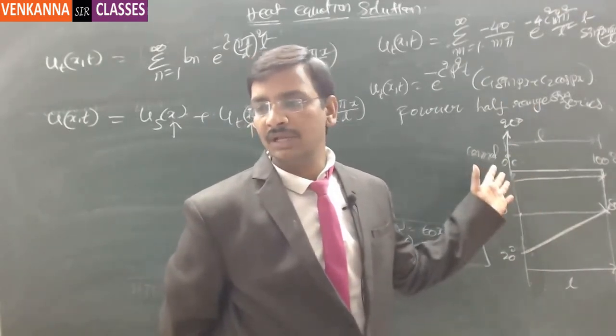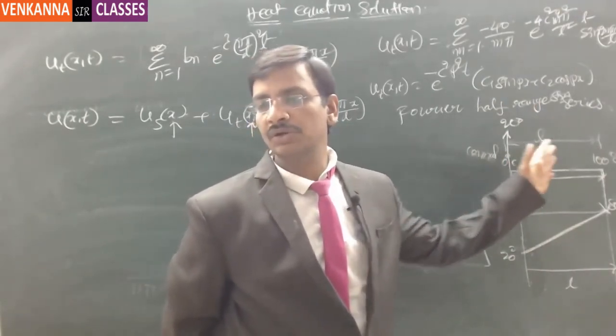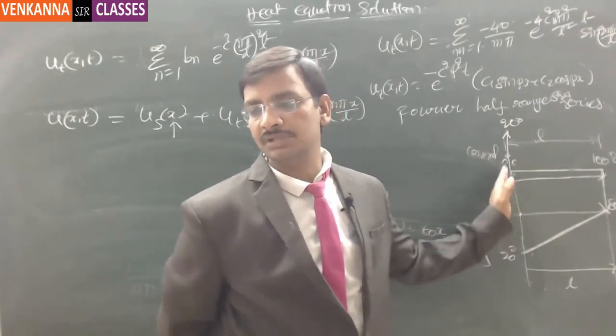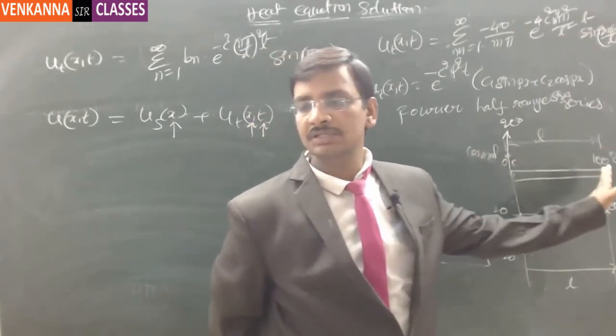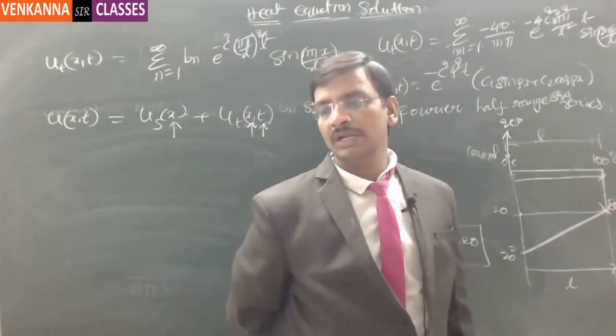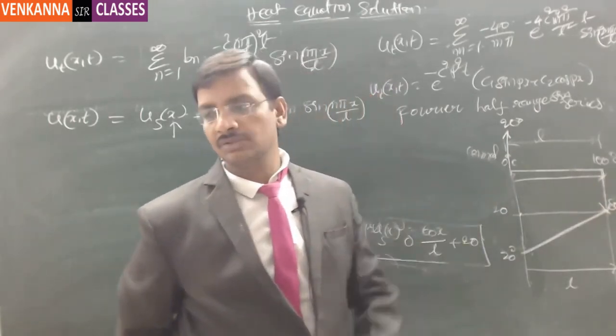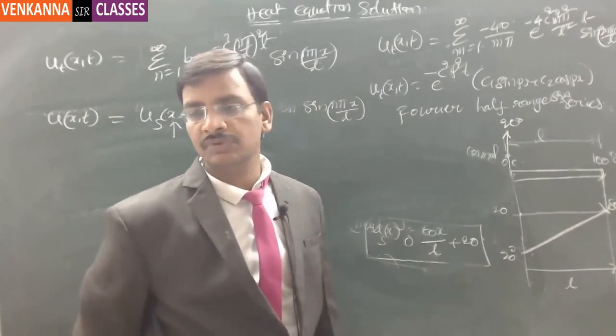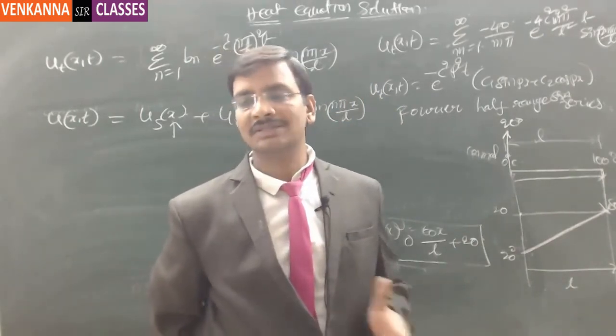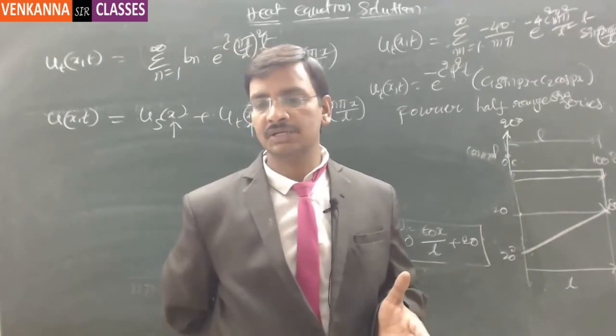Now here no zero initials are coming, because this temperature is raised to 20 degrees centigrade and this temperature has fallen to 80 degrees centigrade from 100 degrees centigrade. In such a case, we have divided the solution into two different parts, the transient solution and the steady state solution.